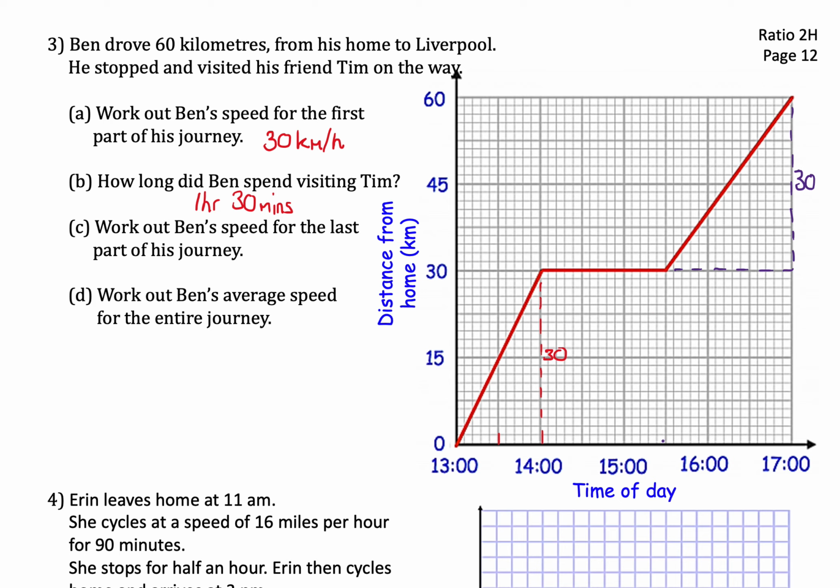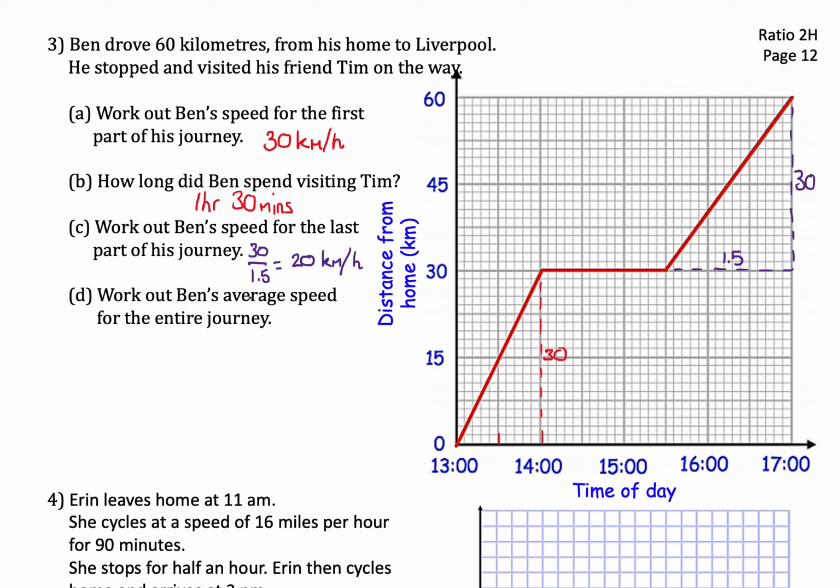The time taken was 1 hour and a half though, so 1.5 hours. So don't use 1.3 or 1 hour 30, use 1.5 because it has to be in hours. So 30 divided by 1.5 is 20. So 20 kilometres per hour.